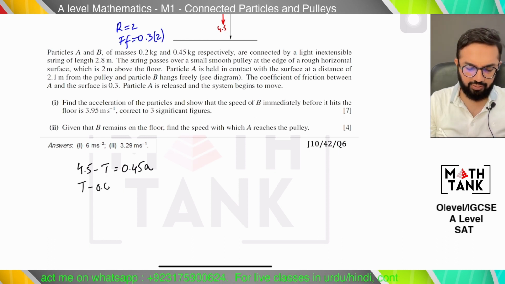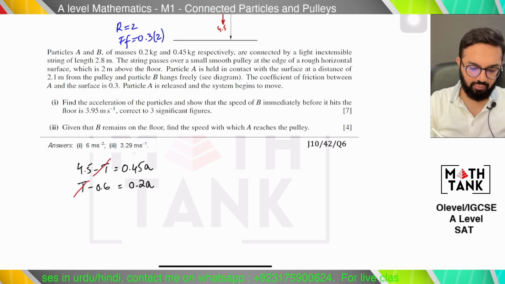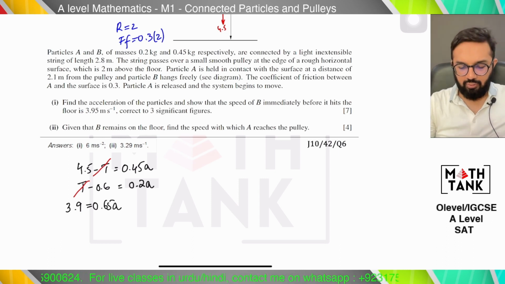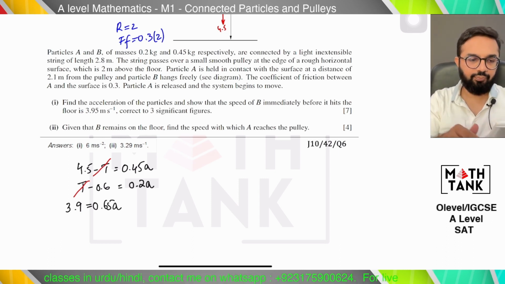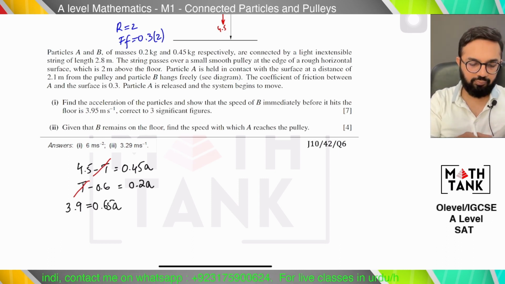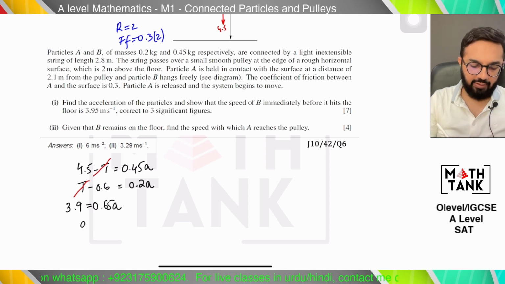So T minus 0.6 equals 0.2a. Okay, so acceleration is 6.